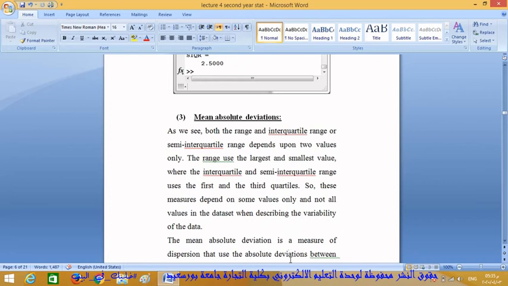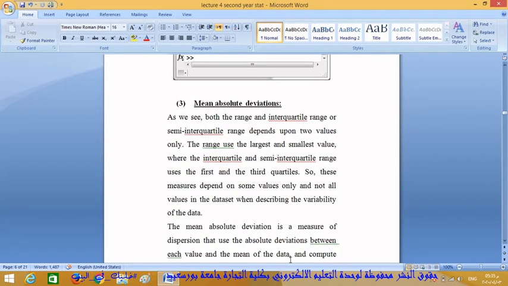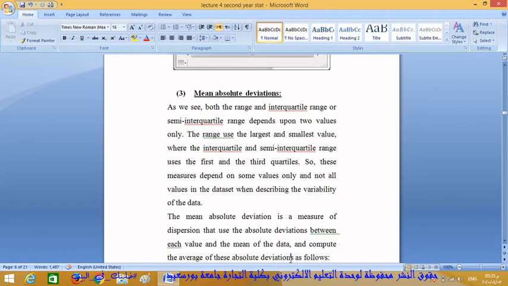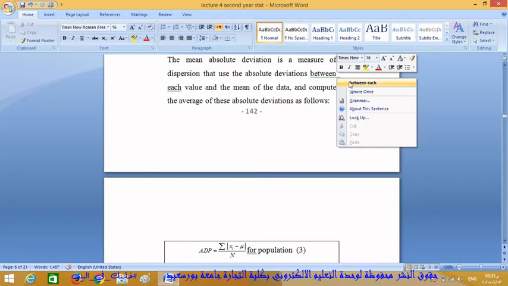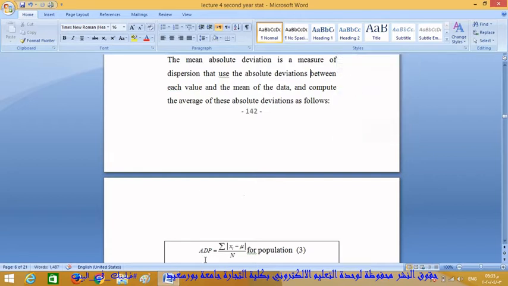The mean absolute deviation is the measure of dispersion that uses the absolute deviations between each value and the mean of the data, and computes the average of these absolute deviations as follows. ADB equals sigma of the absolute value of x minus mu, over n, for a population.